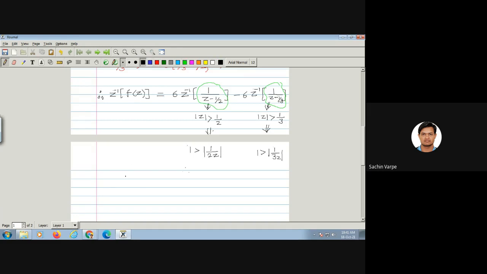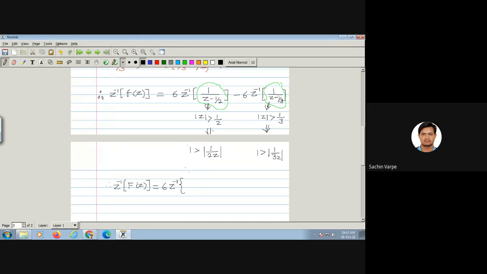So therefore, the inverse Z transform of f of z is equal to 6 into the inverse Z transform of, how do I write?